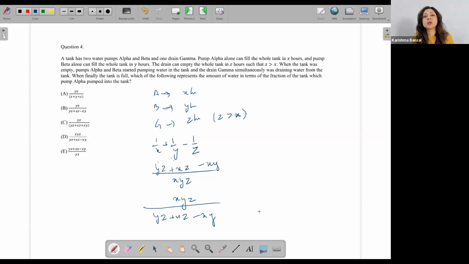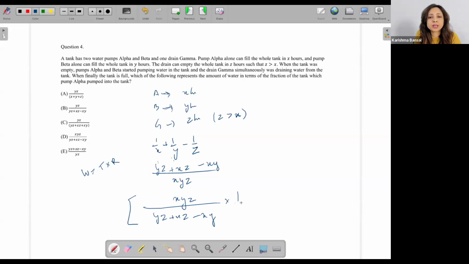Now we need to know what was the work done by alpha. I know that work done is equal to the time for which the work was done times the rate at which the work is done. So this is the time for which alpha did the work. And at what rate?